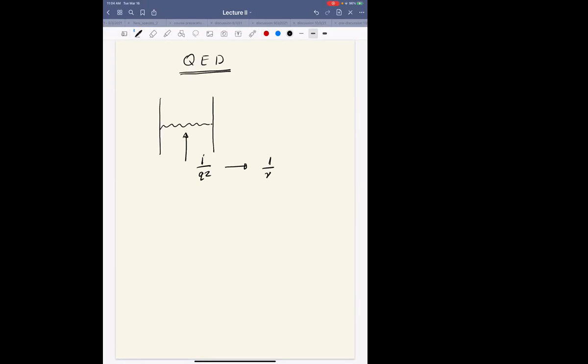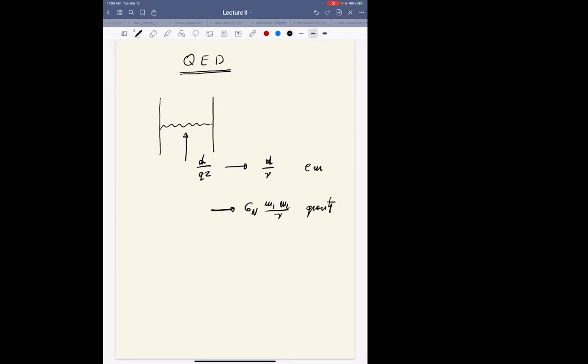And of course there is alpha, so I should write alpha over r. This is the electromagnetic force. And then we said gravity by analogy. Looking at the potential, the analogous potential would be G Newton m1 m2 over r. This is gravity.